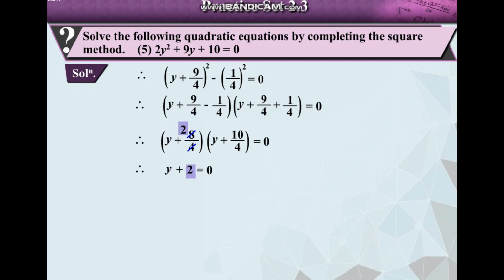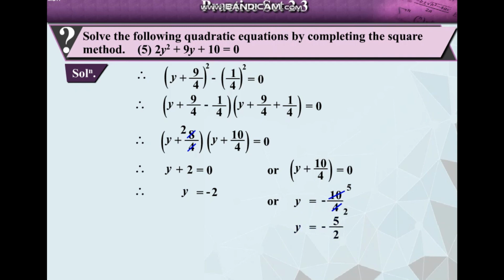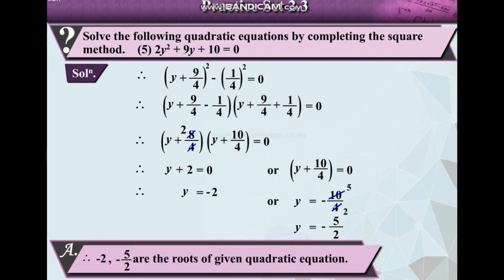Therefore, y plus 2 is equal to 0, or y plus 10 upon 4 is equal to 0. Therefore, y is equal to minus 2, and y is equal to minus 10 upon 4, which is equal to minus 5 upon 2. Therefore, minus 2 and minus 5 upon 2 are the roots of the given quadratic equation.